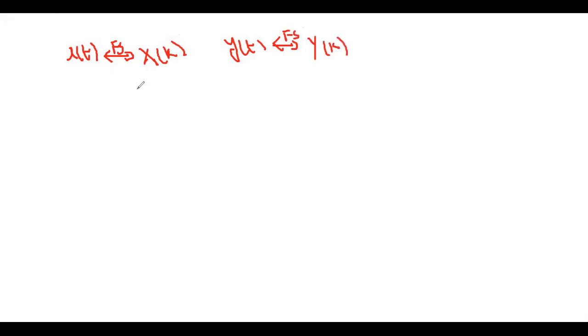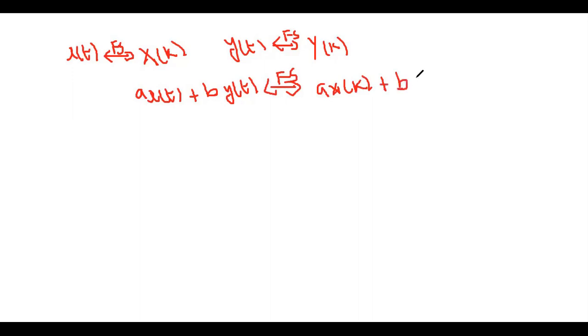Then you can prove that the combination of signals a into x of t plus b into y of t has the Fourier series a into x of k plus b into y of k.